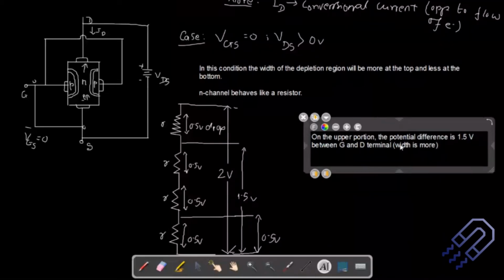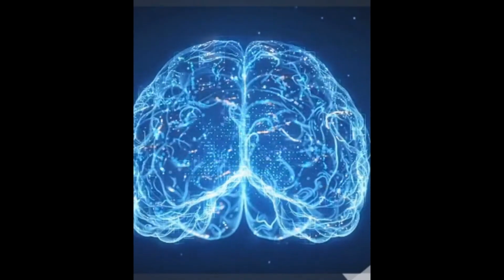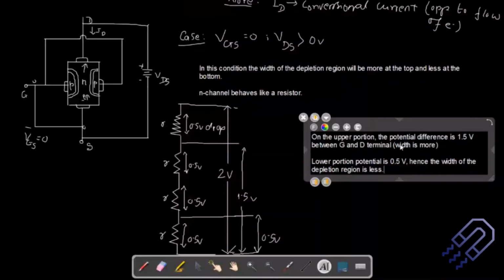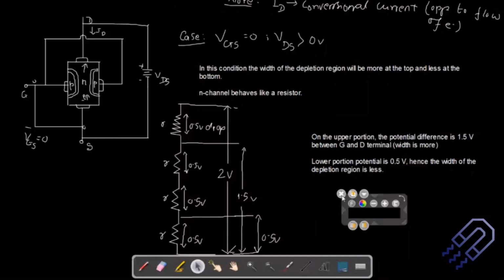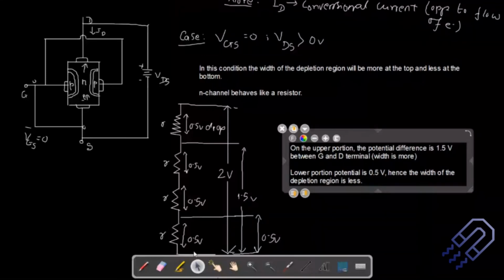And if you consider the lower portion, the potential is 0.5 volt, hence the width of the depletion region is less. This is important, so please try to explain it in proper words; I'm just writing it in short. That is why the width of the depletion region will keep on varying. This was something important in this gate part.